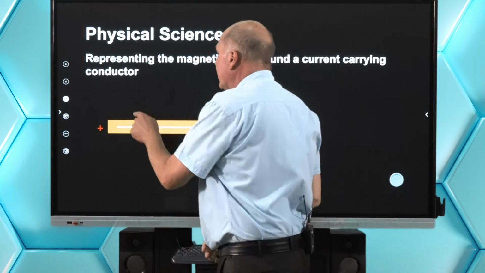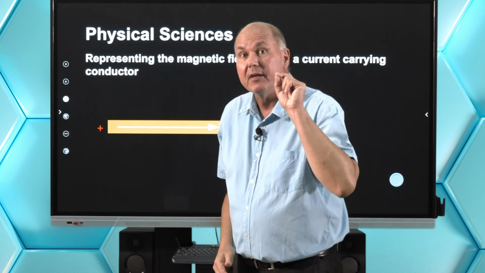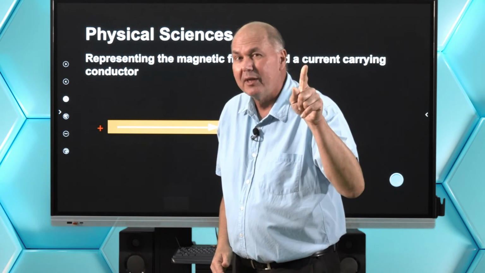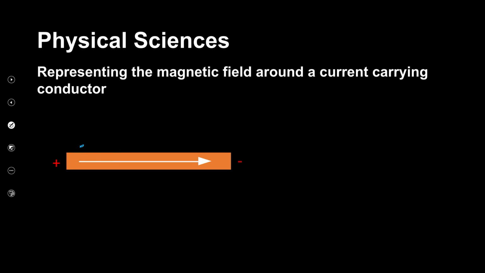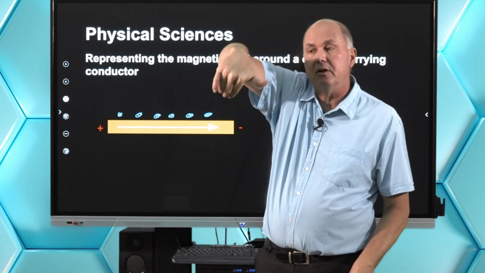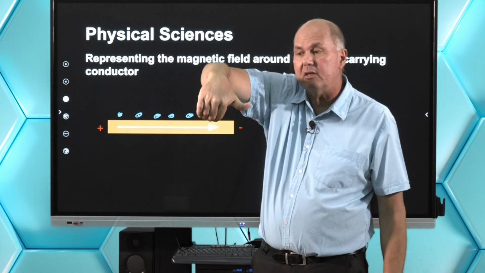And so we would need to put over here a representation of something coming out. What will that be? A cross or a dot? You've got it. It's a little dot. So we're going to say there are the dots, and these dots are going to be close together because it's representing a strong magnetic field. But now have another look. If I have this direction of the current, what's happening below this conductor?